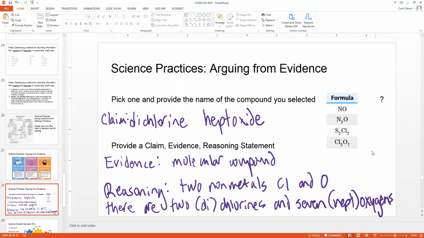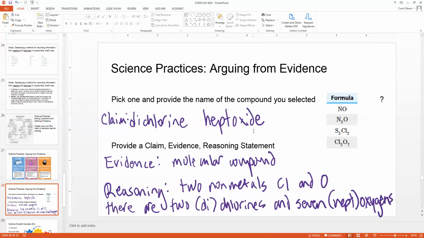So here's an example. We're going to pick one of these, and we're going to provide the name of the compound and then provide a claim, evidence, reasoning statement. So my claim is that the name of the compound Cl2O7 is dichlorine heptoxide. My evidence is that it's a molecular compound. It's made of two nonmetals. So the two nonmetals are Cl and O. There are 2 dichlorines and 7 hept oxygens.